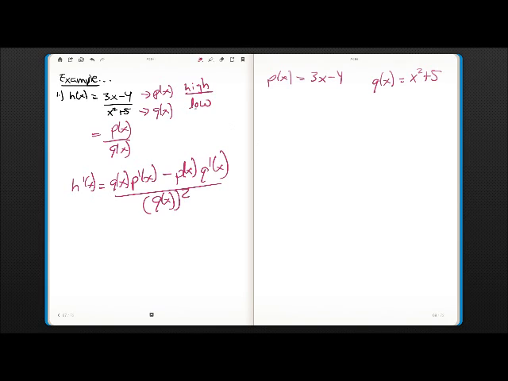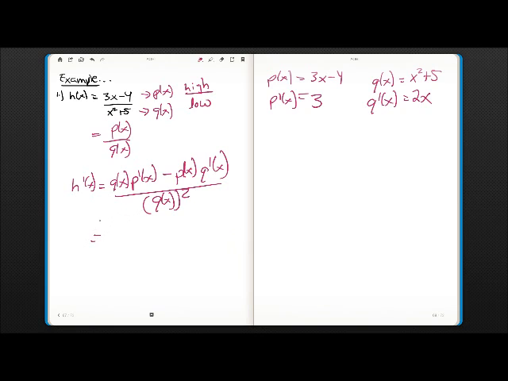So pretty much we just need the p prime of x and q prime of x, and we can get it from here. So p prime of x is basically 3, and q prime of x is 2x. So we have pretty much everything. All we have to do is sub these four back into the equation, and we'll get the answer.